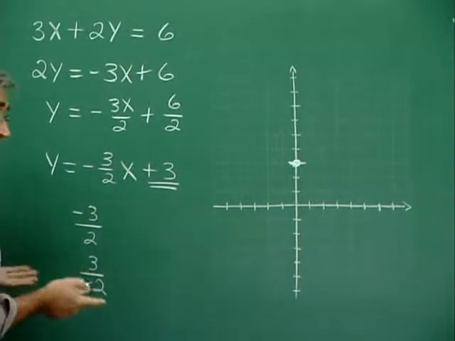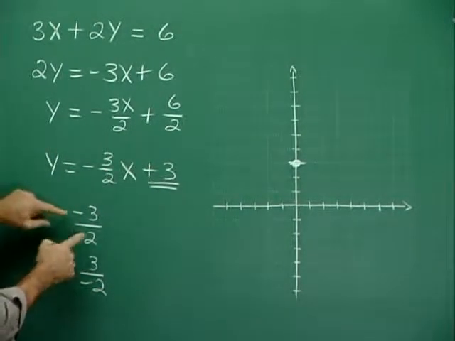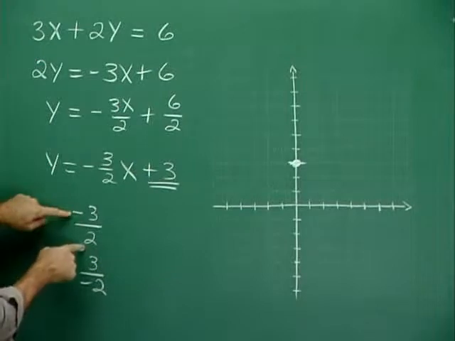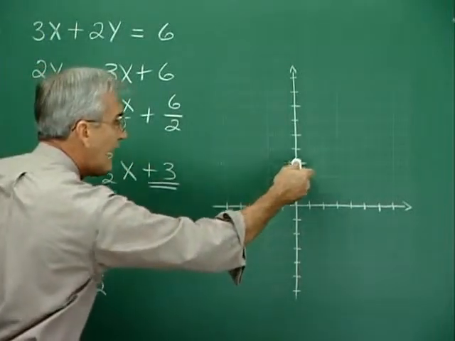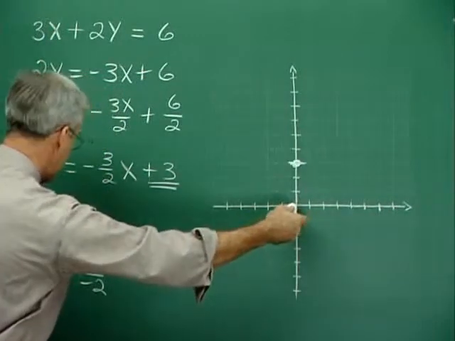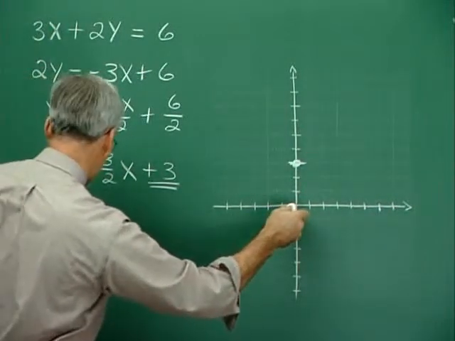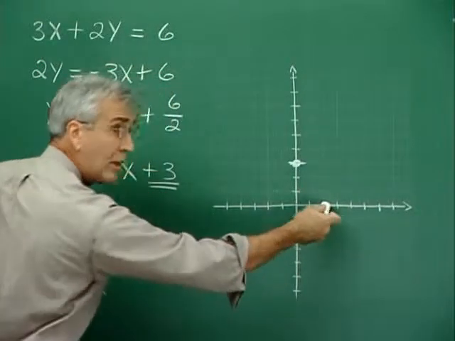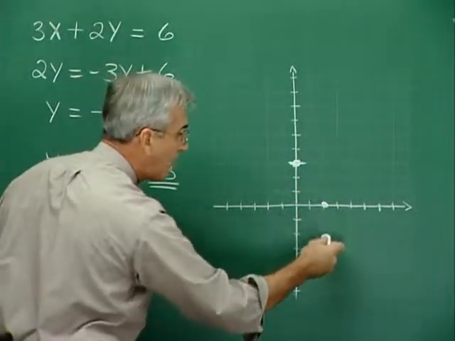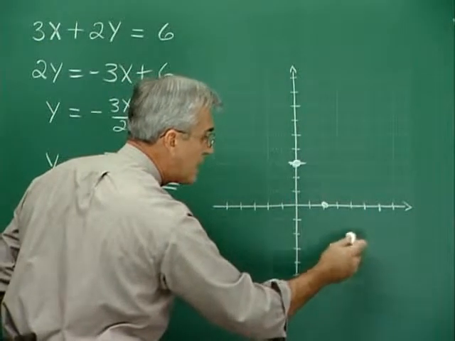Now, here's the way we interpret this. For this one is a rise of -3 and a run of 2. So, from this point, a rise of -3, that means down 3, and then a run of 2 means to the right 2. And then from this point, we can use that slope information, down 3 over 2. Then from here, down 3 over 2.